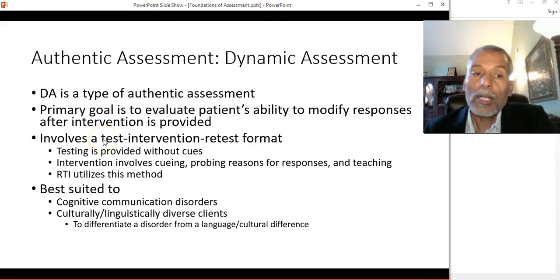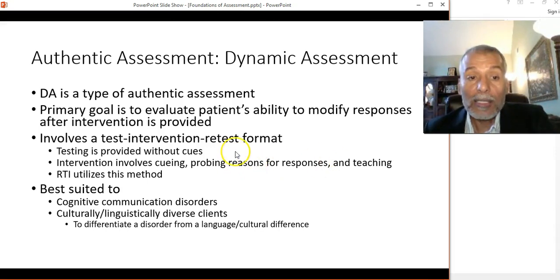The previous results serve as baseline. That's the starting point. And then the retest scores are going to be compared to the baseline to determine if your instruction was effective in making the patient or the person perform better.